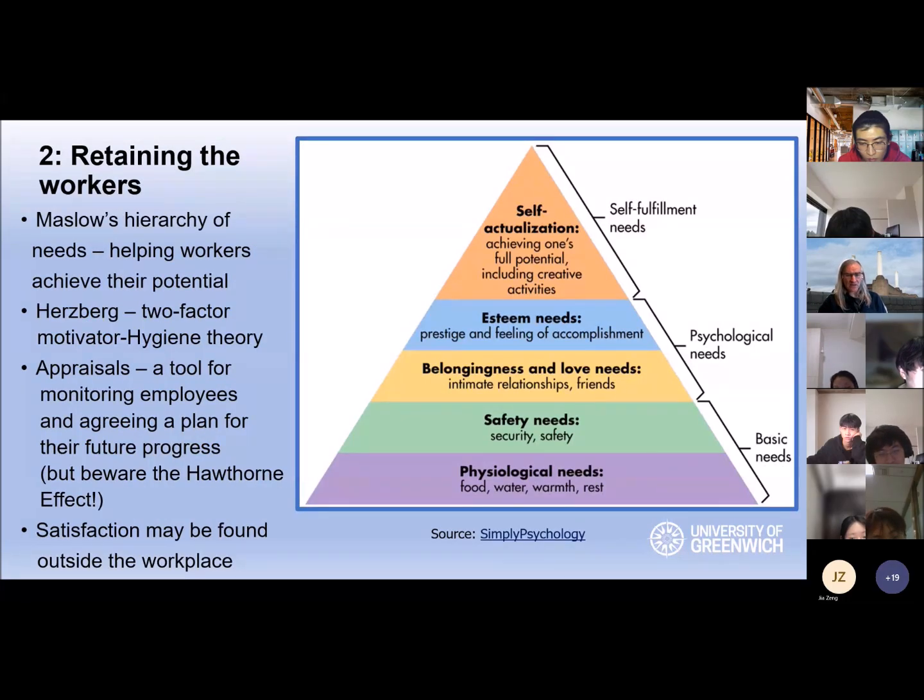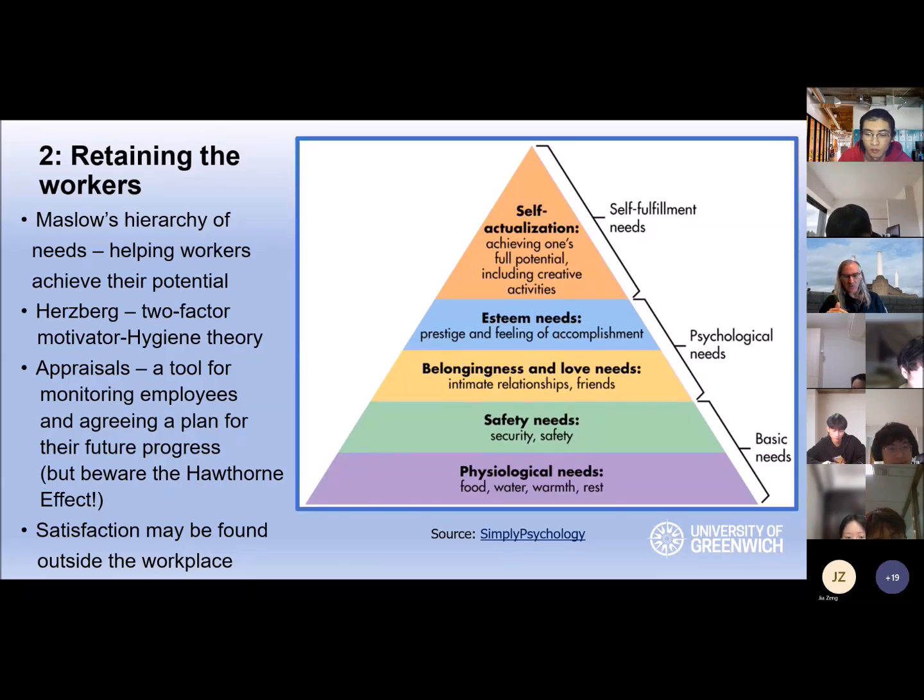Retaining the workers then. You need to keep the workers happy, you need to keep them motivated. A couple of theories here I want to throw at you. Maslow's hierarchy of needs. Right at the bottom, physiological needs: you need to provide them with food, water, warmth, rest. Next one up, they look for safety.